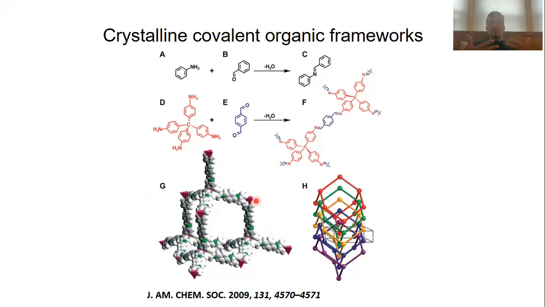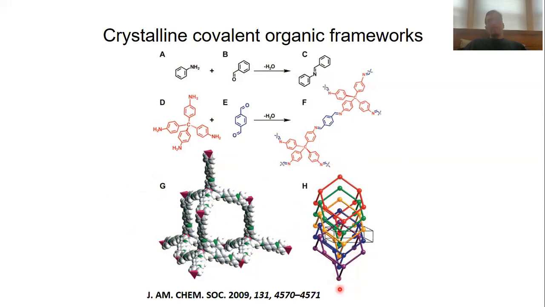So in a sense, the first framework acts as a template for the second one. And if there's enough space, you can even grow a third one, a fourth one, a fifth one, and so forth. So in the case of this structure, we have actually an extreme case. We actually have 7 diamond-like networks that interpenetrate each other in order to fill space most effectively.